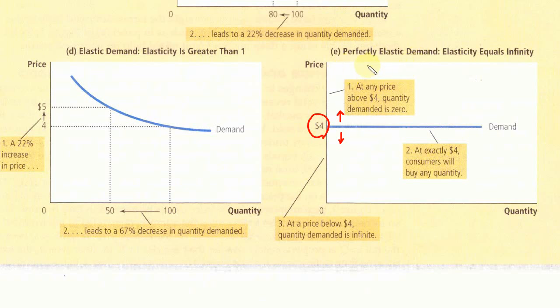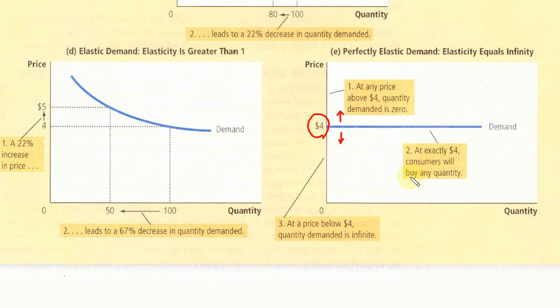And then we have seen in the previous case perfectly inelastic demand. In the case of perfectly inelastic demand, even if price changes, there is no variation of quantity demanded.